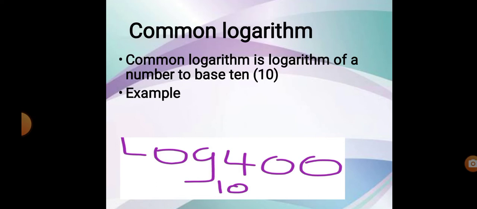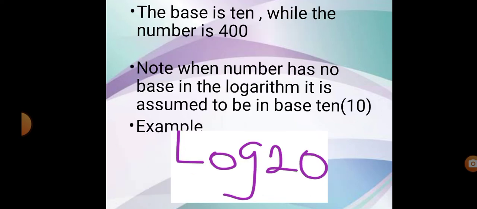You can see that it is in base 10, and 400 is the number. So whenever it is expressed like this, you know that it is a common logarithm. Now you can see the base is 10 while the number is 400.